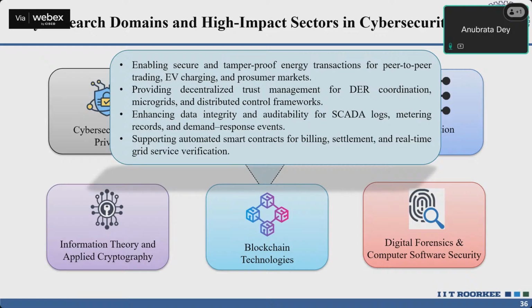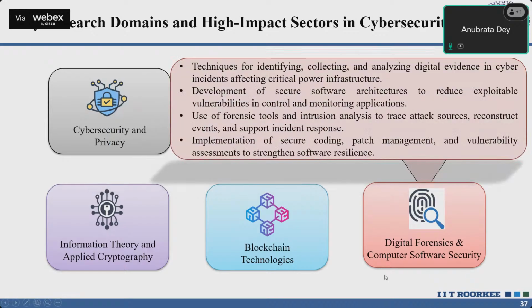So here in blockchain technologies, the idea is to develop peer-to-peer trading, EV charging, and address the issues related to the markets. And then we have forensic and computer software security. Here you try to identify, collect and analyze the digital evidence, right?